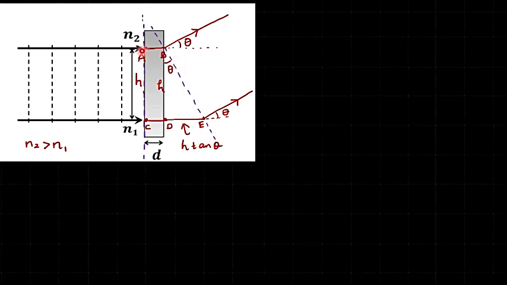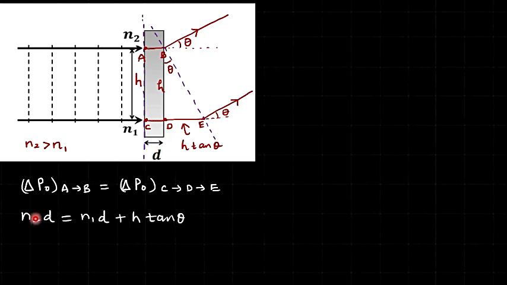So the optical path from A to B is the same as the optical path from C to D to E, and optical path is refractive index times geometrical path. So this optical path is n2 into AB, and AB is d, so n2 d, and this optical path is n1 d, and this optical path is 1 into h tan theta.